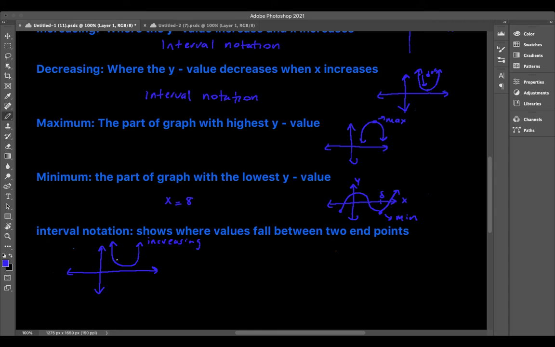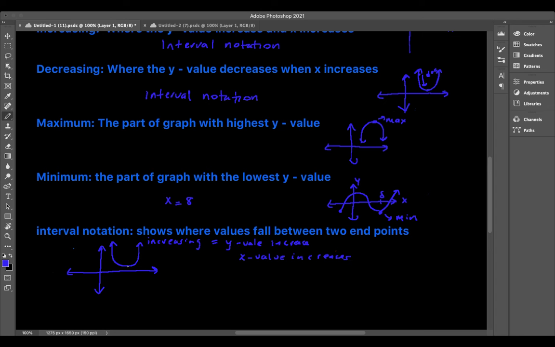We have to find out where it's increasing. The rule was that the y value has to be increasing, and the x axis has to be increasing as well. That's the rule for that.